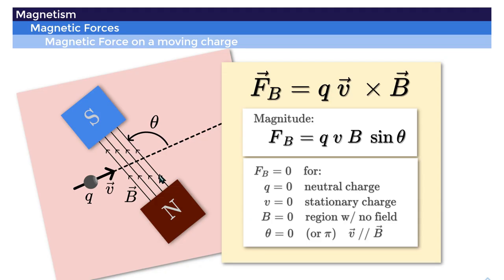And in both cases, there would be no magnetic force. And in the case that the particle is exactly crossing the magnetic field lines in a perpendicular fashion, that would be the maximum of the sine function here, and therefore that would be the angle that would give me the maximum magnetic force in this case.